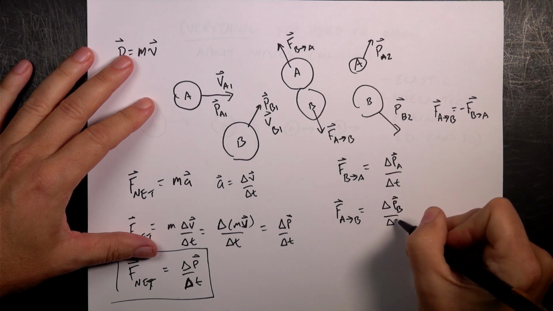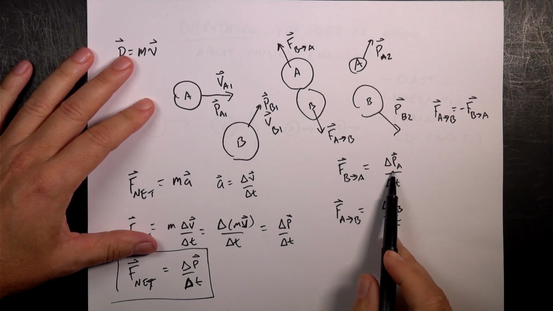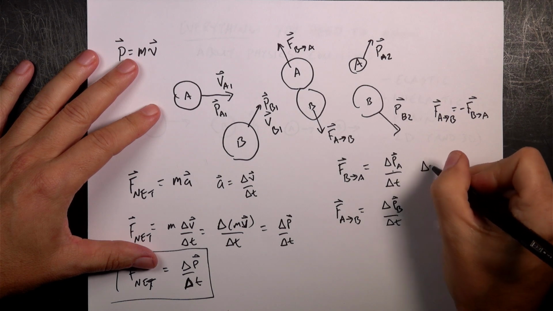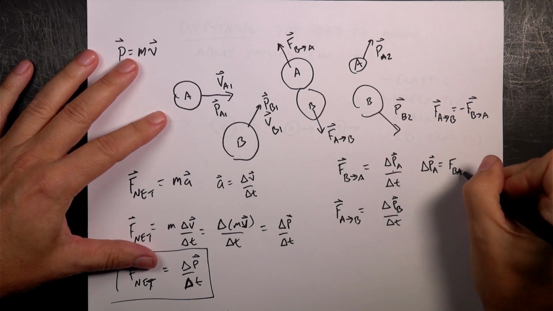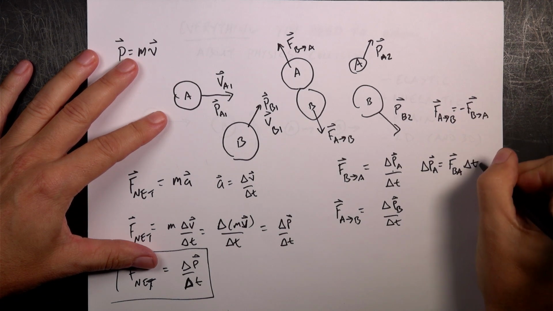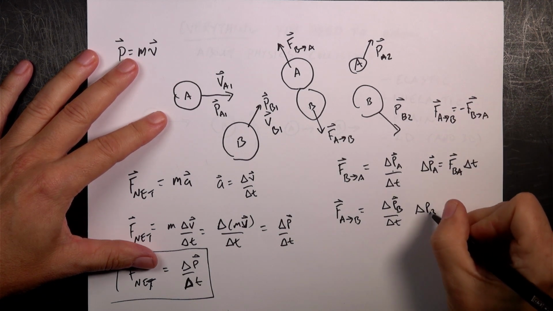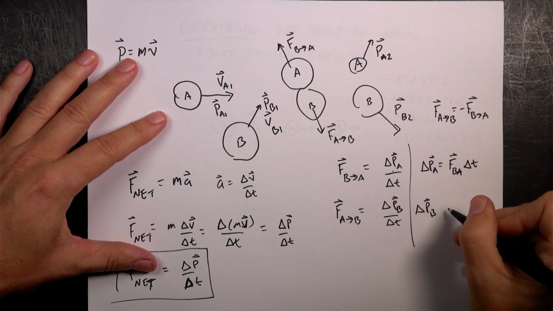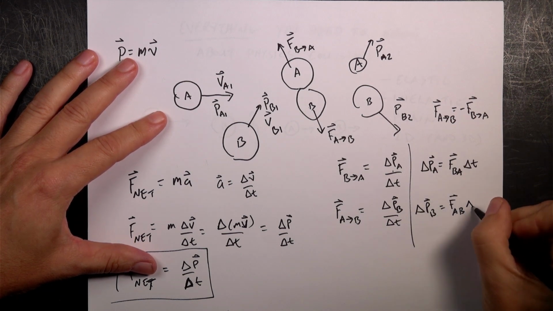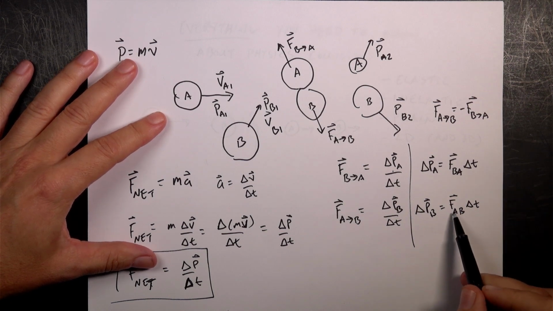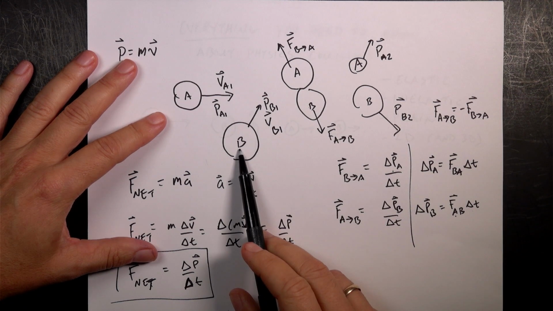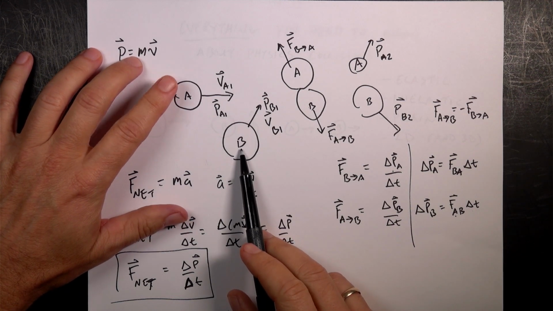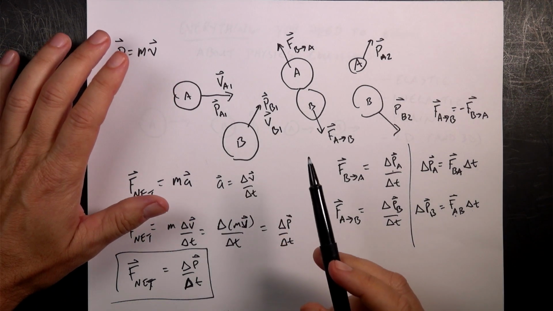So I can write that for the other one, F A on B equals delta P B over delta T. Let's solve this for delta PA. Delta PA is F B on A, I'll leave off the arrow, times delta T, and delta PB is equal to F A on B times delta T. But if the collision for B takes the same time as the collision for A, and why wouldn't it?